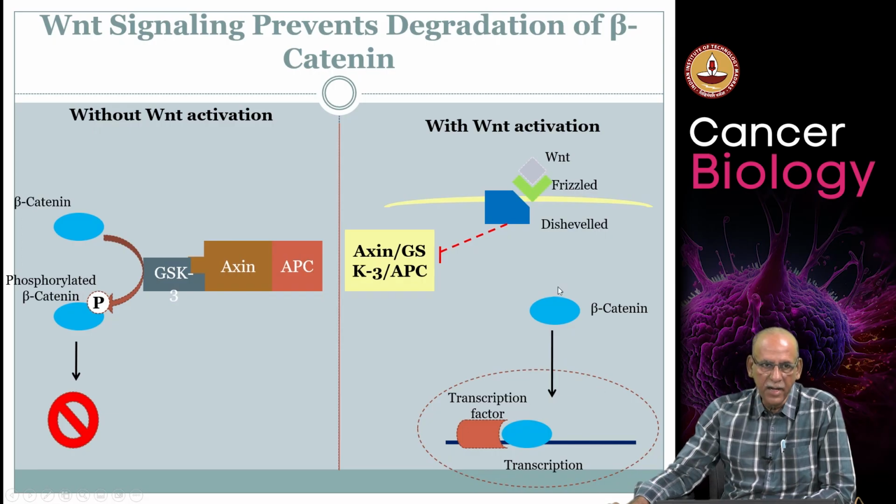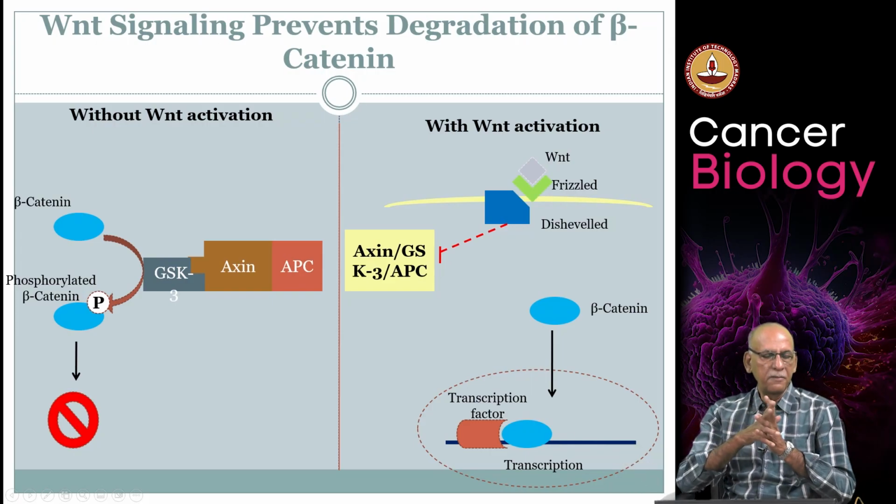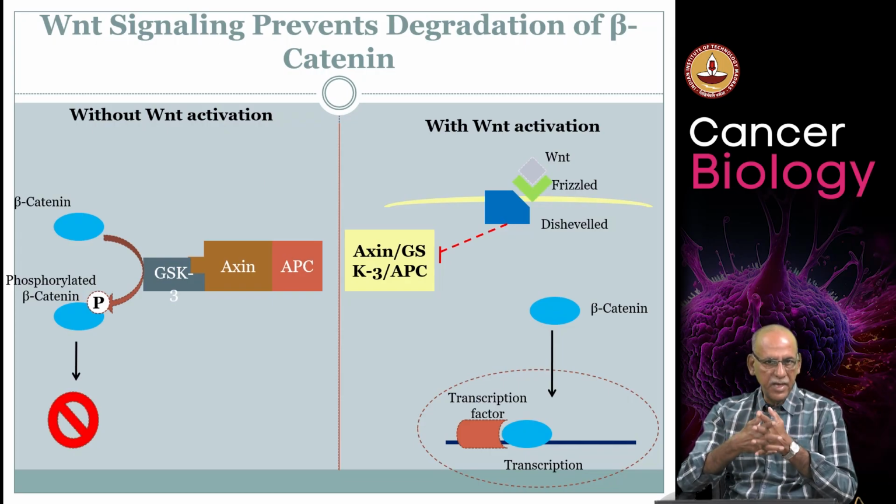Together they bind DNA, and that results in transcription, which leads to proliferation, because the transcribed genes include some of the oncogenes like MYC, cyclin D1, P300 and such genes. So, that results in proliferation. This is what happens.